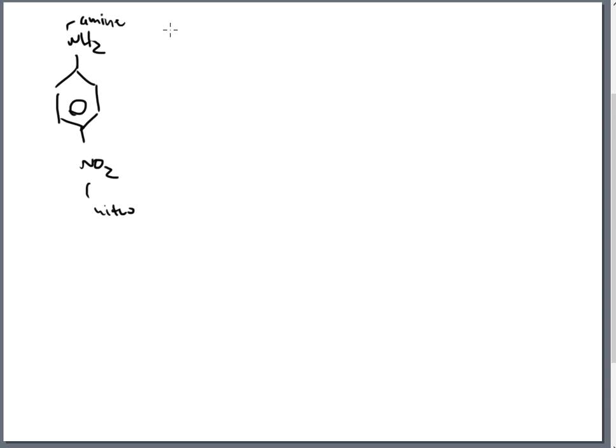Folks, not a problem. Guess what? This is one of the common names that you memorized. So if I take this benzene and include that NH2 group with that benzene, I can kill two birds with one stone here.